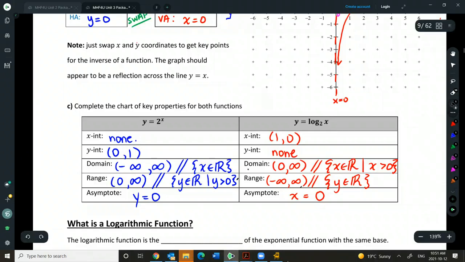Like here, the range became the domain of the logarithmic function, and here the domain sort of like became the range. So we switched the x's and y's in these, obviously, but the domain and range get swapped. Also, the intercept sort of gets swapped as well. So in one of them, there's no x-intercept, but in the other one, there's no y-intercept. And then, of course, these get swapped as well. So these are going to be opposite of one another.